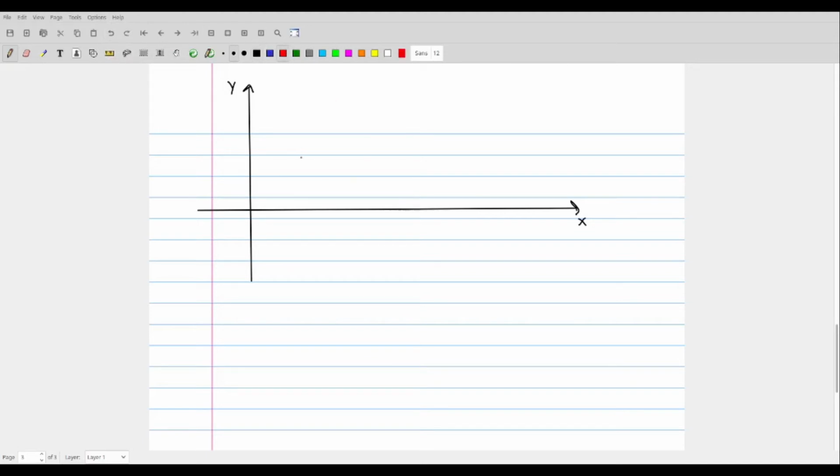So this is our function right here. This is a and this is b. And instead of revolving around the x-axis, I want to revolve around, say, y equals c. That's what this blue line is right here.